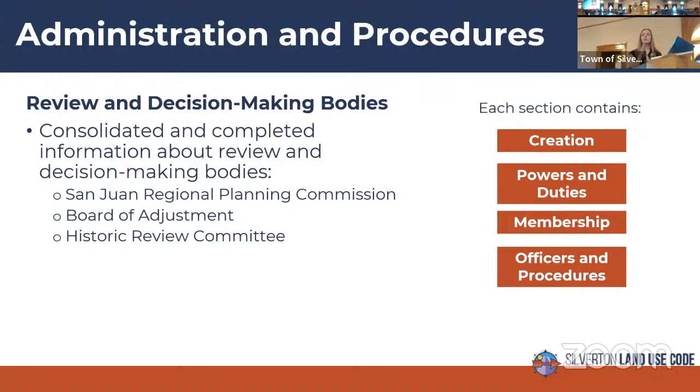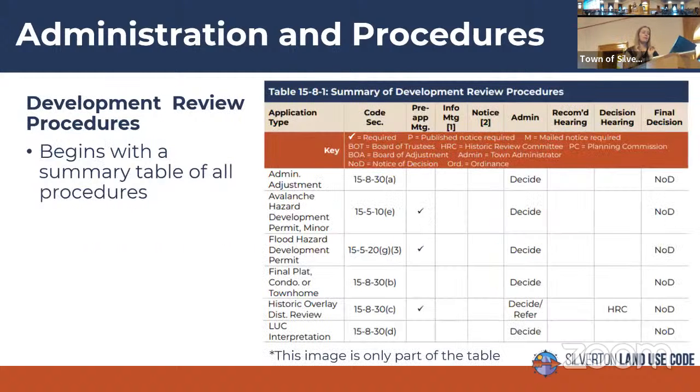So this review and decision-making bodies section clarifies the purpose, the duties, the membership and procedural details of Planning Commission, the Board of Adjustment, and the Historic Review Committee. Next slide, please. And then the main piece, the most helpful piece of this chapter, is the summary of development review procedures table.